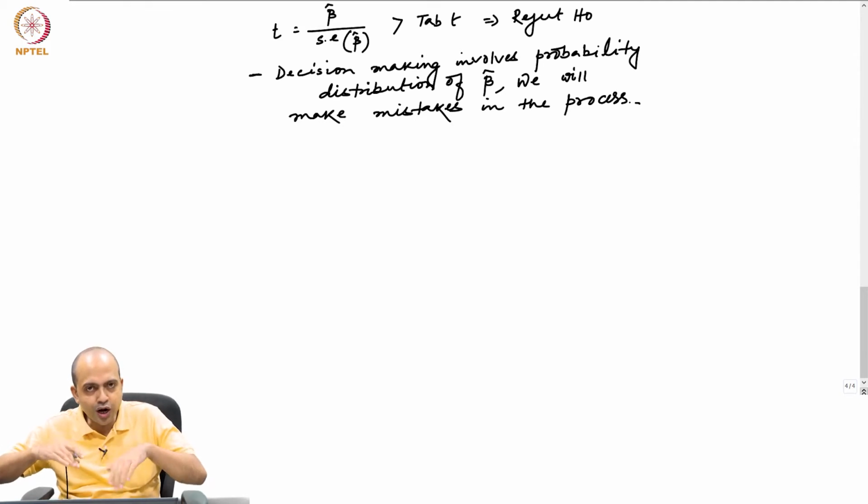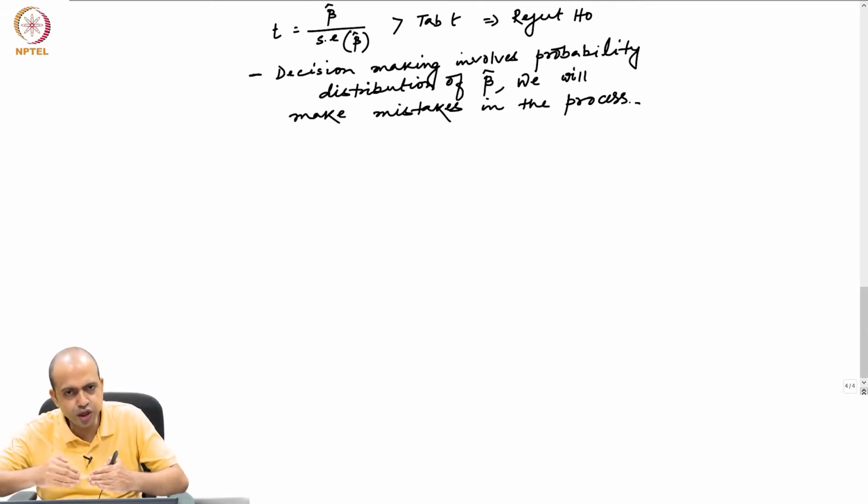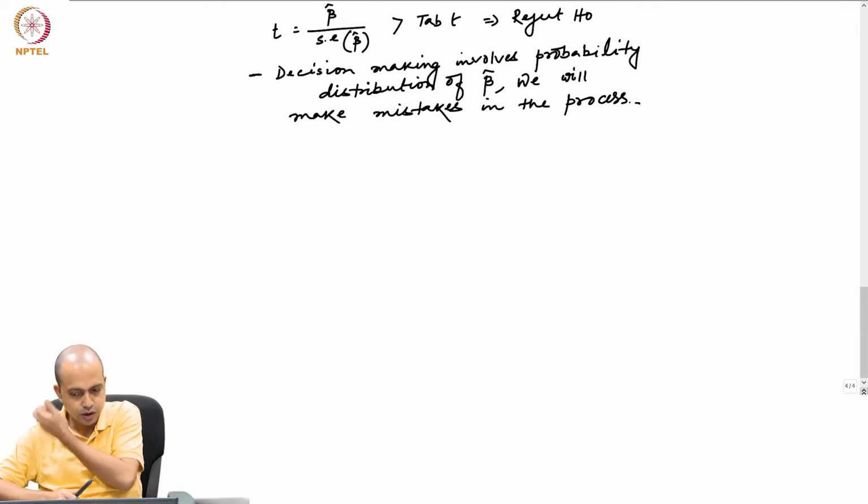If in all 100 cases your decisions are correct, when you are following this rule that tabulated t is less than the calculated t, then that cannot be a probability kind of situation. Since the decision making rule involves some kind of probability distribution, we would definitely commit some mistakes or error in the decision making process. Okay?